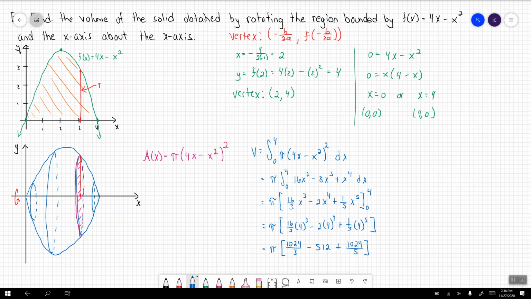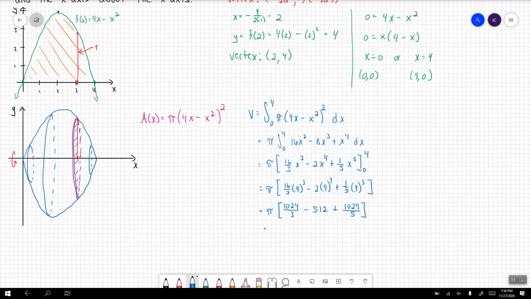So we have 1024 divided by 3 minus 512 plus 1024 divided by 5. So our overall answer will then be 512 divided by 15 multiplied by pi. In other words, this is 512 pi all divided by 15.